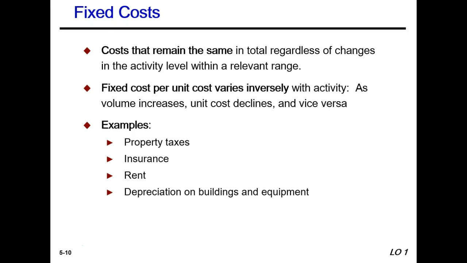So if we're dealing with Ford Motor Company and there are 100 trucks produced per month, if the rent is $30,000 on the factory and we have 100 trucks, that unit cost of the rent per truck is, guys, sorry, my mind, 300 bucks.